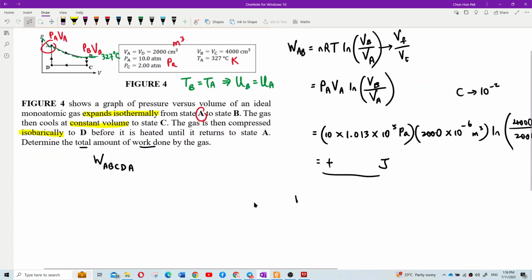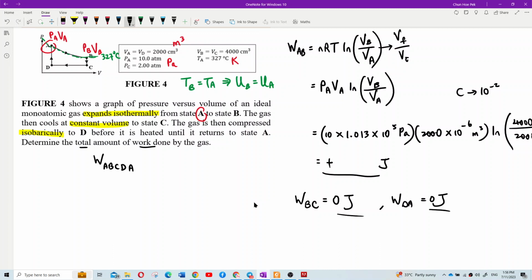Work done BC is 0 work done lah. Same thing to work done DA is also 0 work done because no area, nothing. How about work done CD, class? Work done CD, you should get negative work done. Work done CD is pressure constant, right?